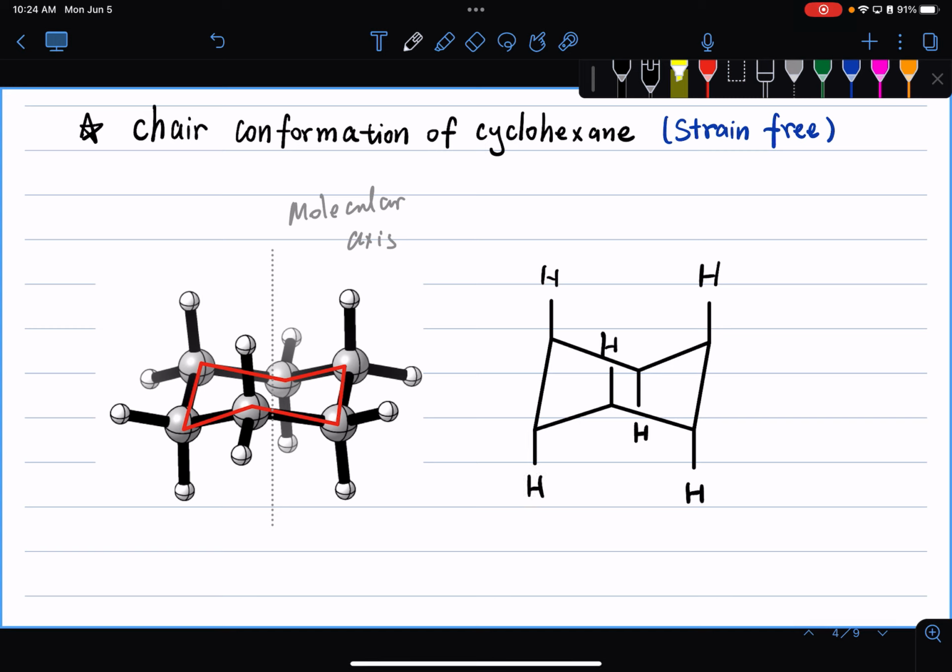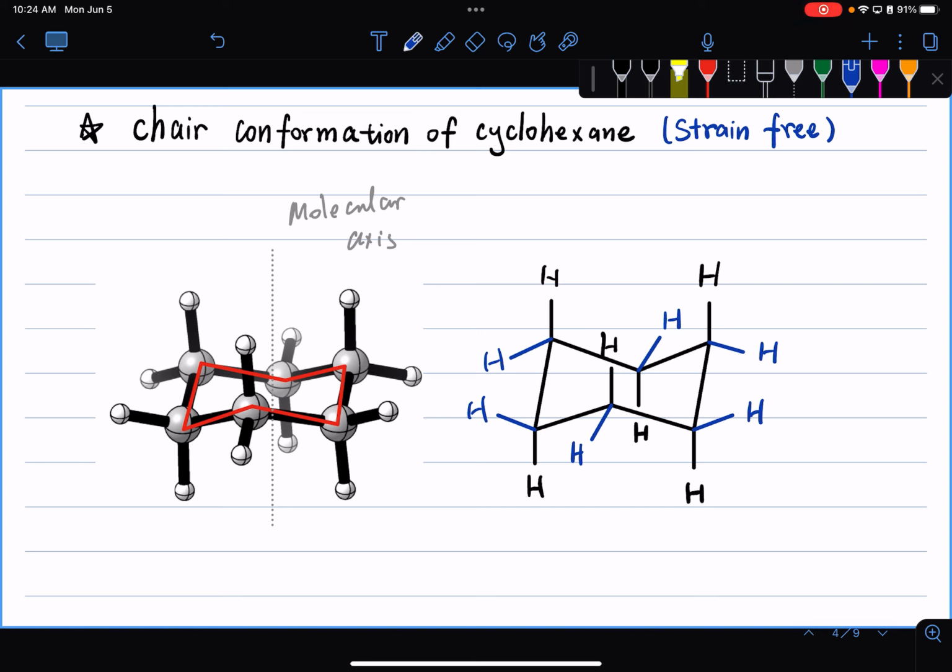These are called our axial hydrogens, and then we have our equatorial hydrogens. So that's how you draw a chair conformation.